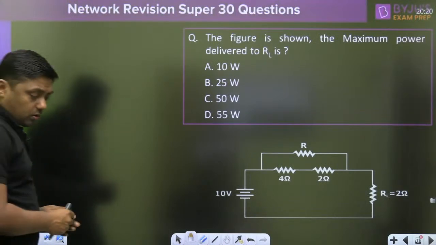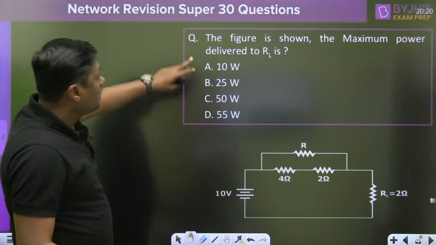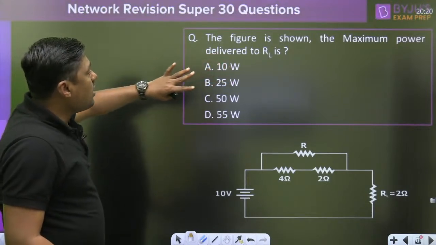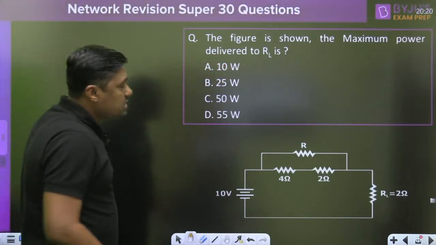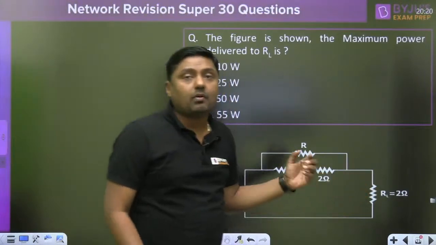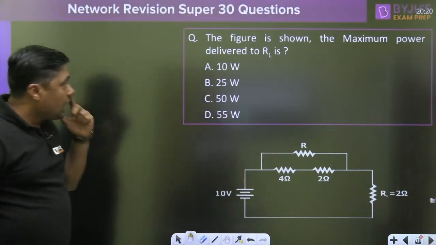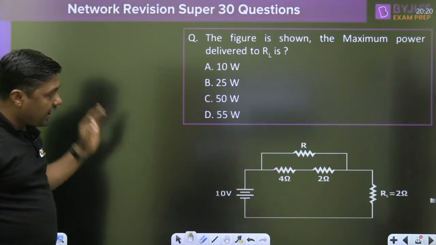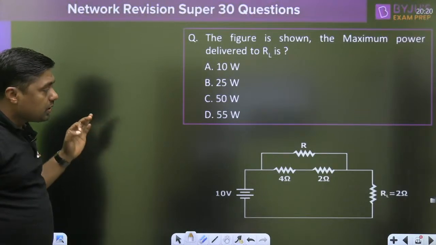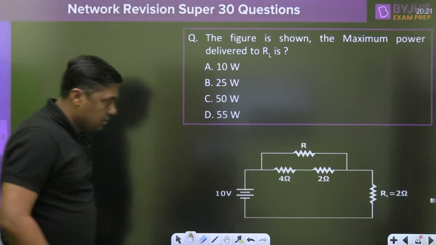The figure shown, the maximum power delivered to RL is, what is the maximum power delivered to RL? How much power will be delivered to the load resistance? Yes, everyone. Now here, we have to use what you learned, the maximum power transfer theorem, right?